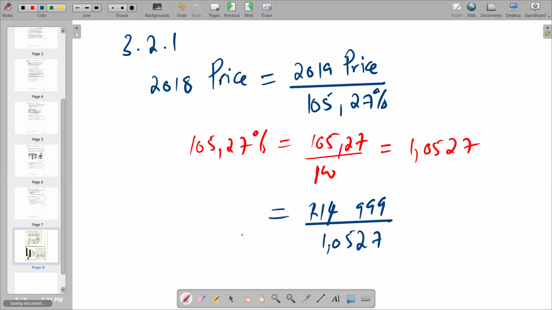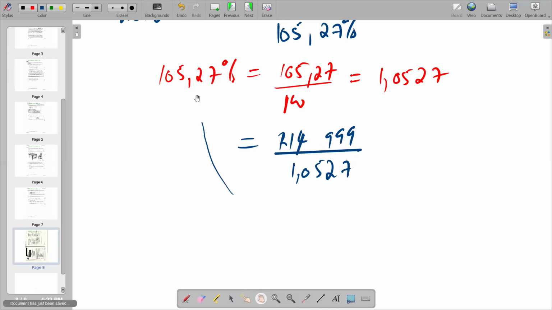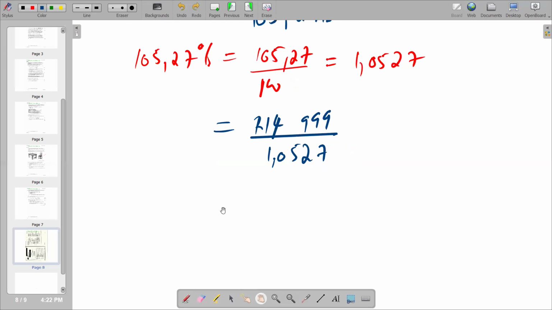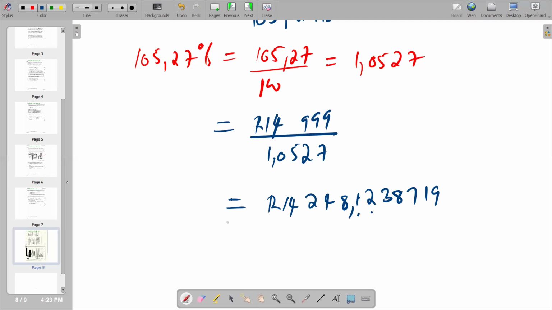So let us divide and see what exactly we get. You see that our answer is going to be 14,248.123719, and then we round it up to two decimal places.